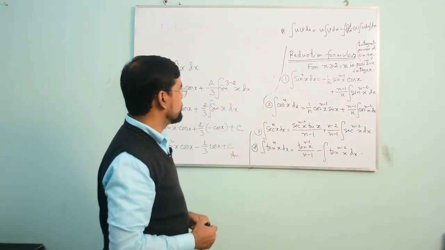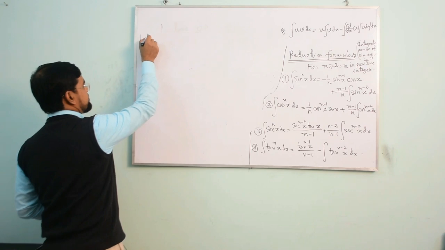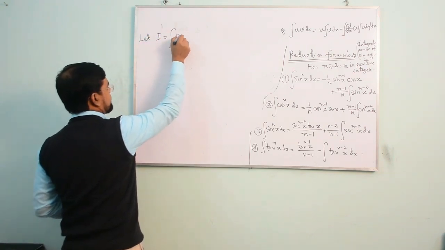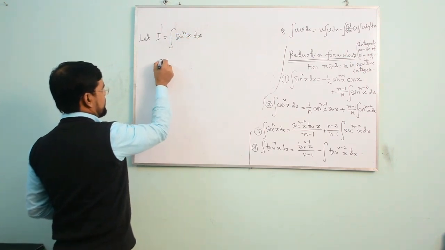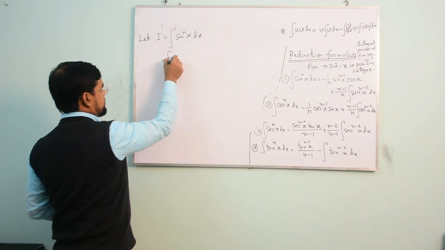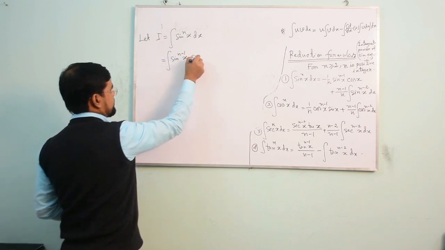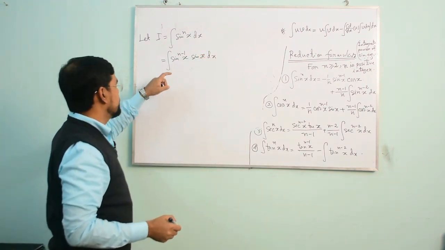So let us try to prove the first one. I equals the integration of sin to the power n of x dx, which we can write as sin to the power n minus 1 of x into sin x dx. How?